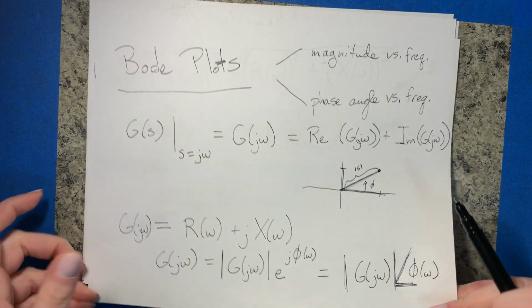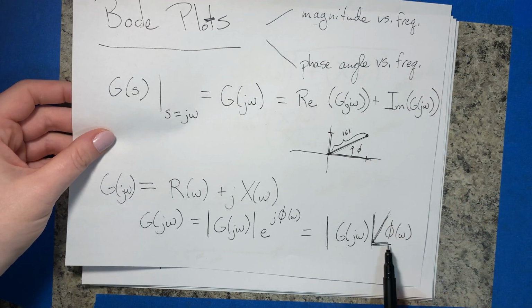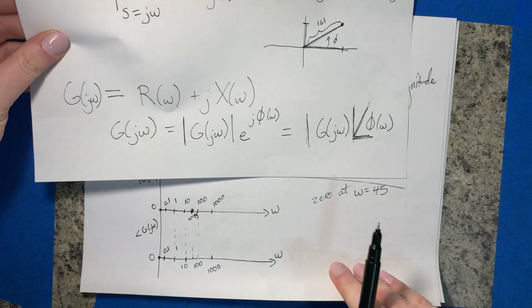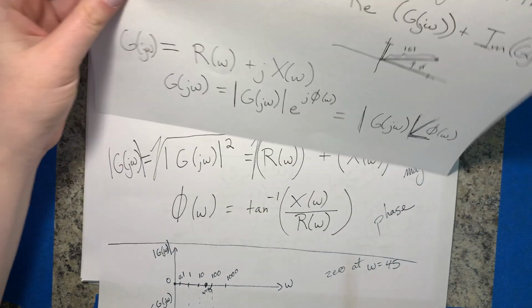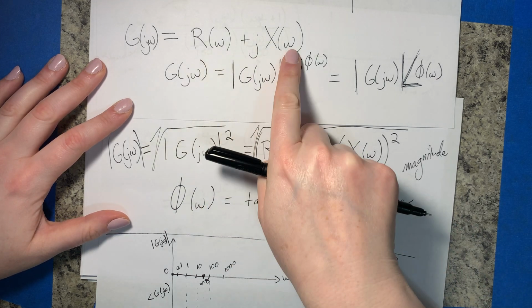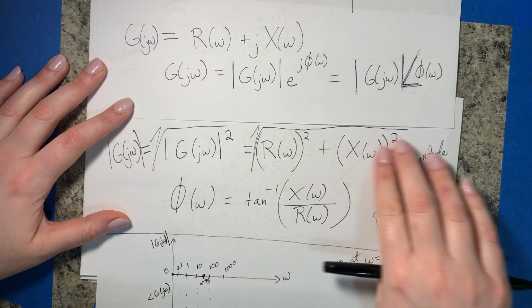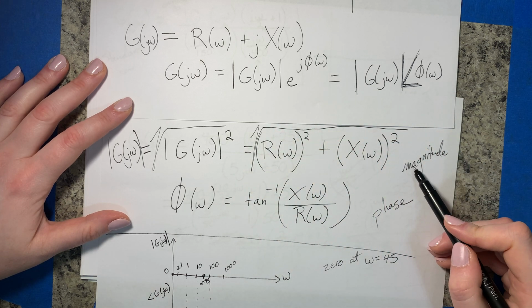Okay. So the formulas for calculating these different parts right here are: squaring each part of these functions, adding them, and then taking the square root. That will give you the magnitude.